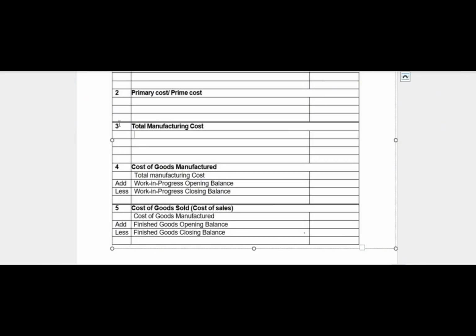The formula to calculate manufacturing cost is equal to direct material, plus direct labor, plus manufacturing overheads or factory overheads.